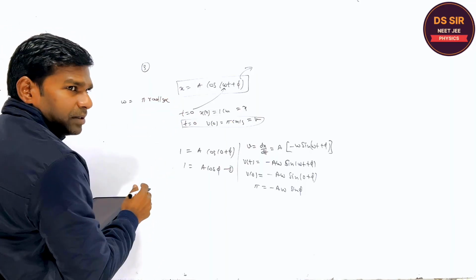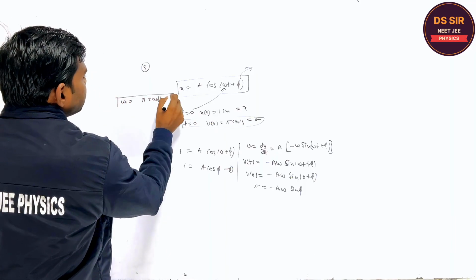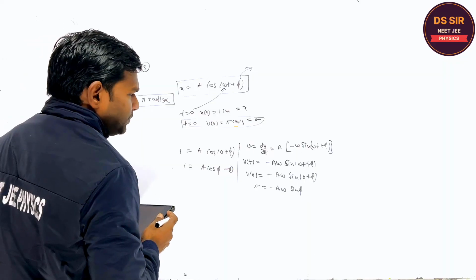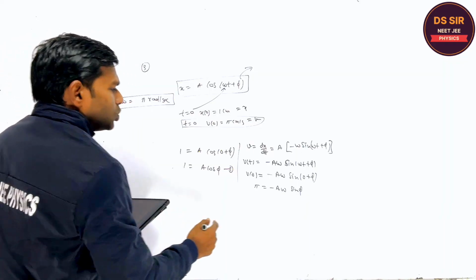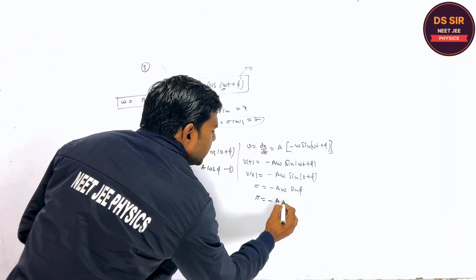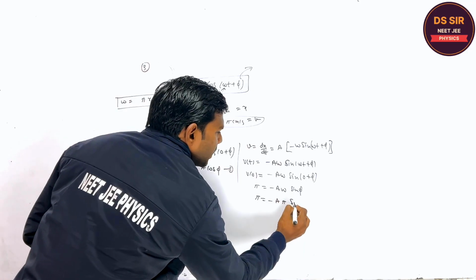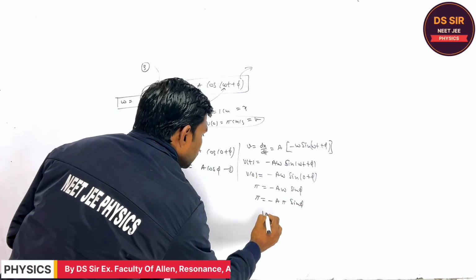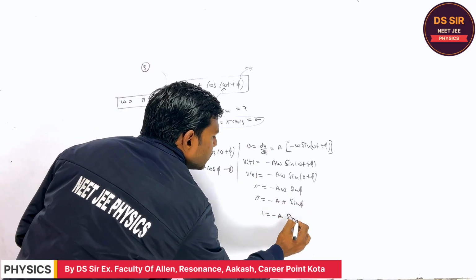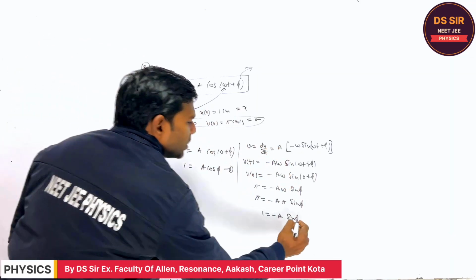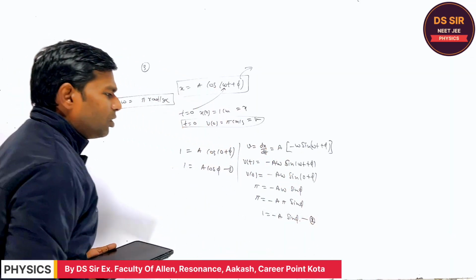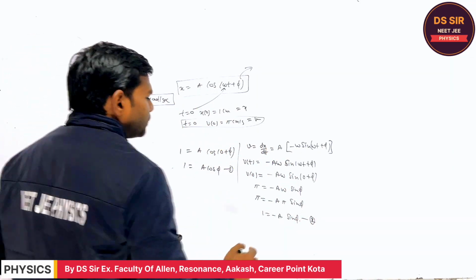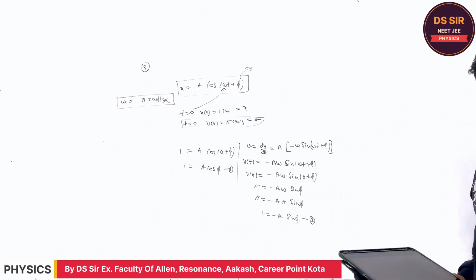Actually there is a misprint. If this is the angular frequency, then it is pi, right? So pi is equal to minus a into pi sine phi, instead of omega I will write this. So 1 is equal to minus a sine phi. This is the another equation. Is it clear or not? With the help of 1 and 2, we can find the remaining things, right?